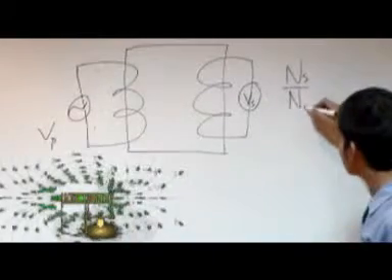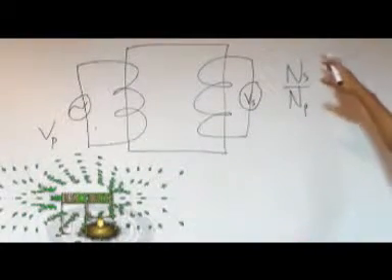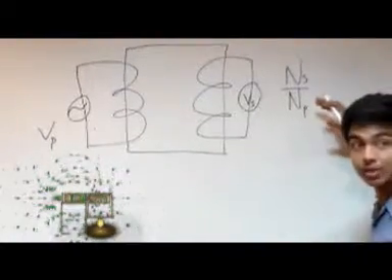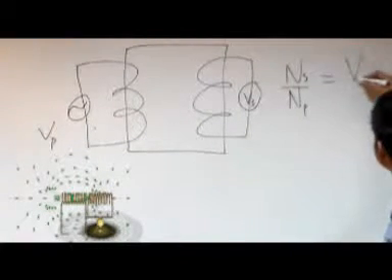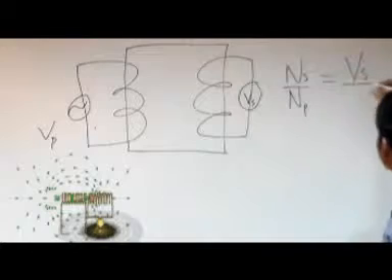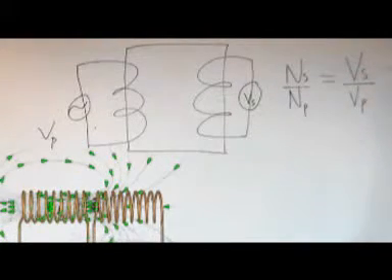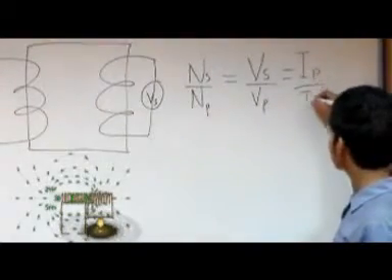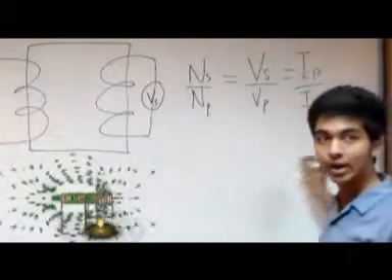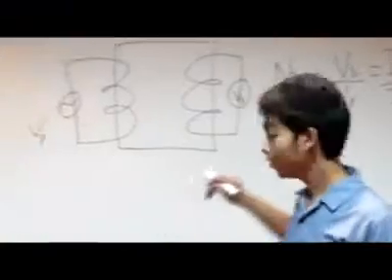This is given by the formula Ns/Np, that is the number of turns in the secondary coil upon the number of turns in the primary coil, which is equal to the voltage in the secondary coil upon the voltage in the primary coil, which is equal to the current in the primary coil upon the current in the secondary coil. This is known as the transformer ratio.